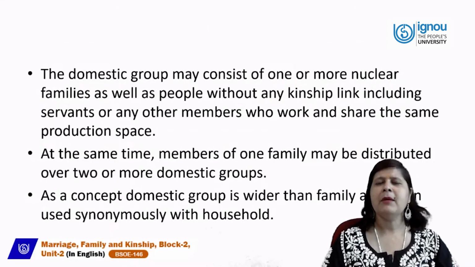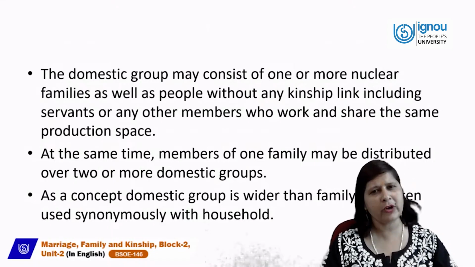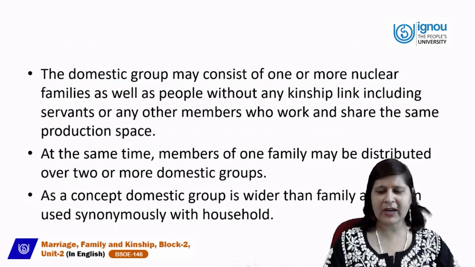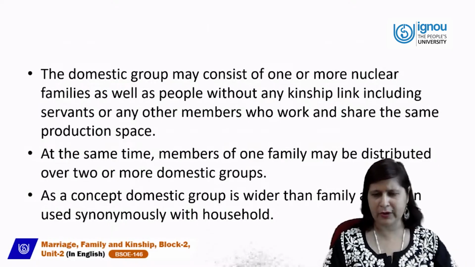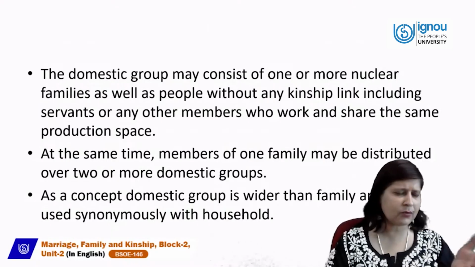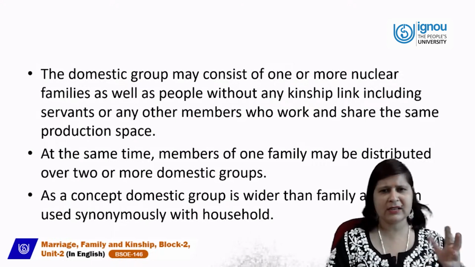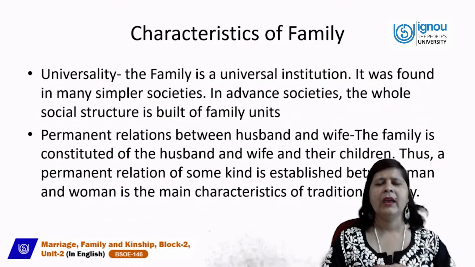At the same time, members of one family may be distributed over two or more domestic groups. As a concept, domestic group is wider than a family and often used synonymously with household. So, household and domestic group are synonyms and used synonymously.